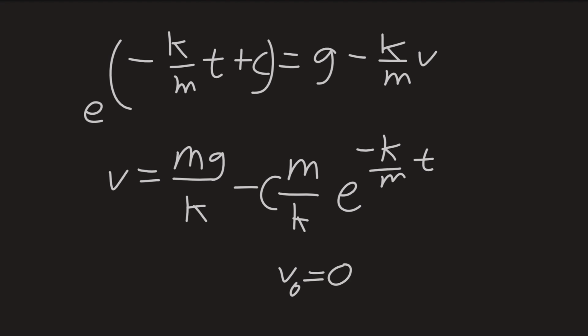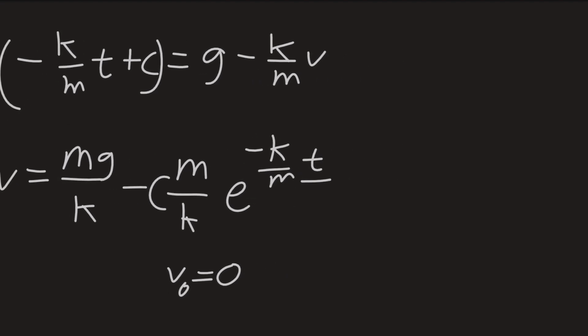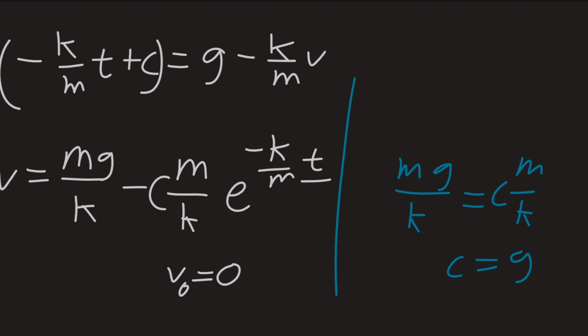If we plug in 0 here, I'll do this off to the side, we get mg over k minus some constant c times m over k equals 0. From this it follows that c is just equal to g, which is 10, but not exactly 10.